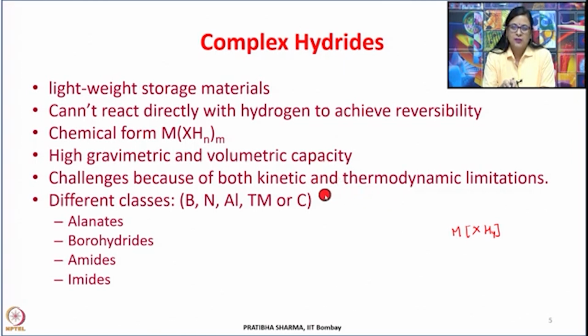Most of these complex hydrides are found to be irreversible. The classes of complex hydrides can be categorized into alanates, borohydrides, amides or imides. Herein the element X could be Al, it could be boron, it could be nitrogen, or even compounds having transition metal or carbon are now known.